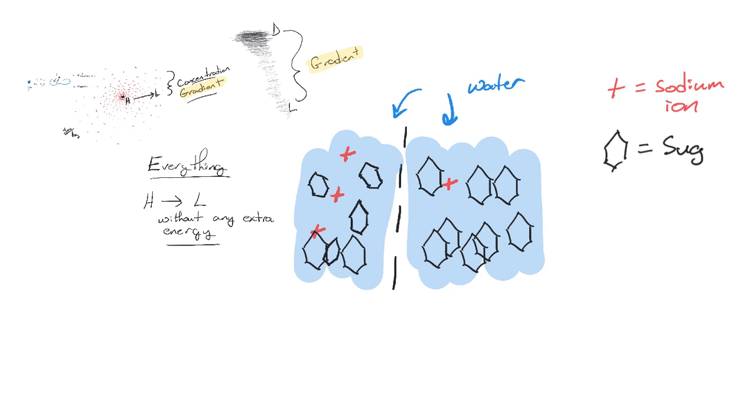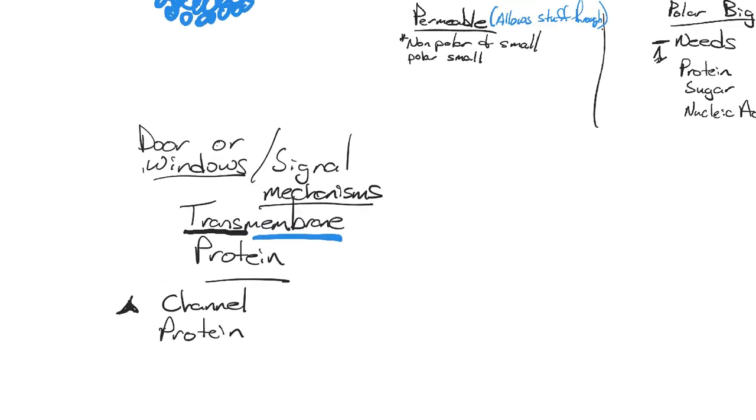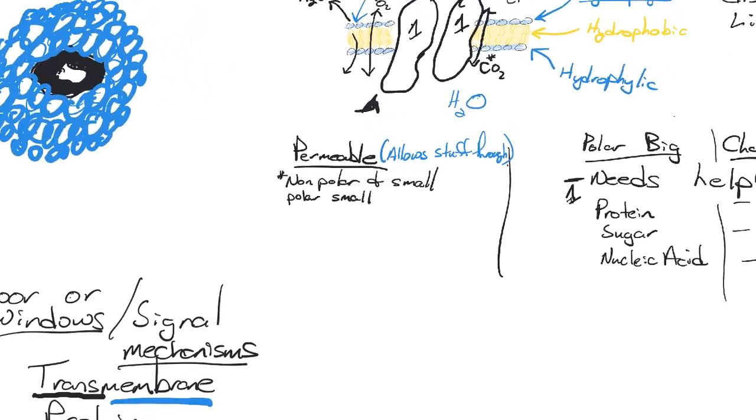Is the sugar going to pass through? If this is a phospholipid membrane, is the sugar going to pass through without help? Will sugar get through the membrane? See, the yes, no is a bother. Let's go back to what we said originally. It should be in your notes. You should have written it down. We said what?